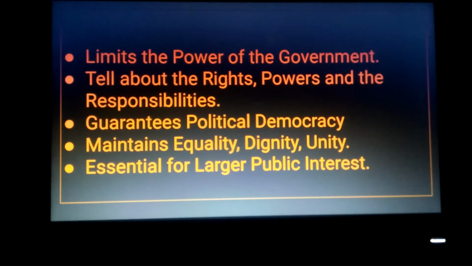Otherwise, it may be possible that the citizens may fight with each other, they develop hatred for each other. But if the constitution gives them equality, freedom, and dignity, it develops unity among them.